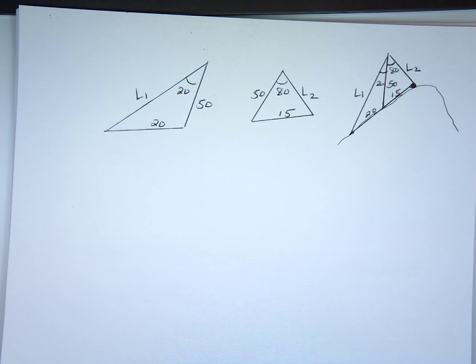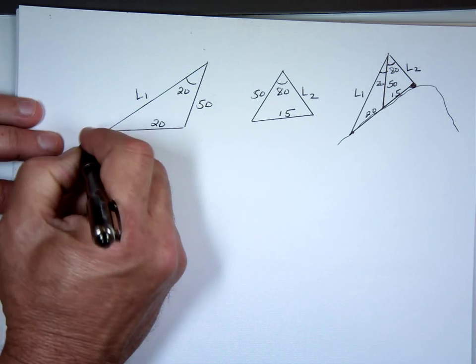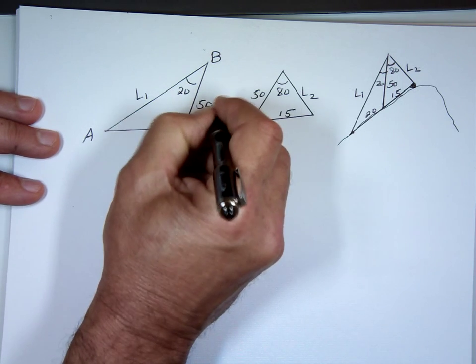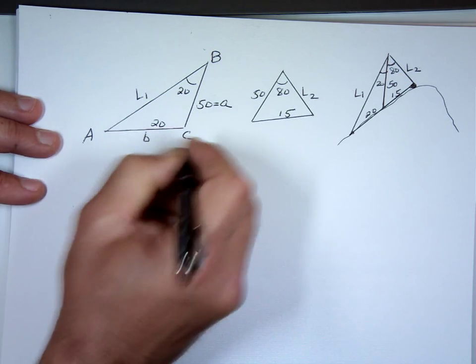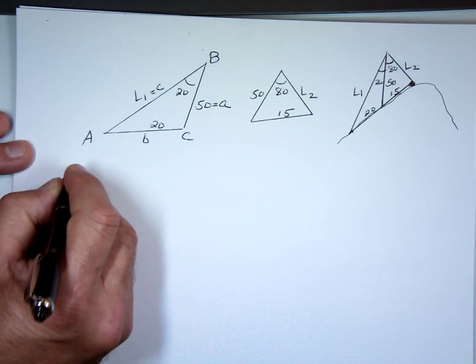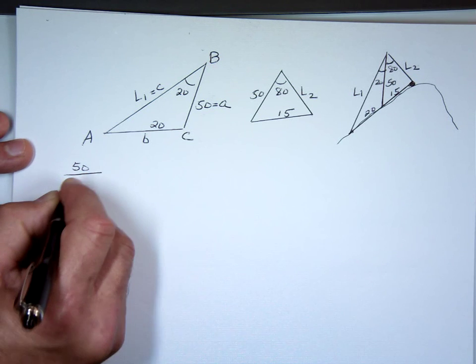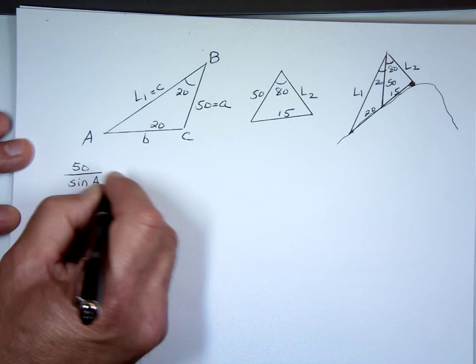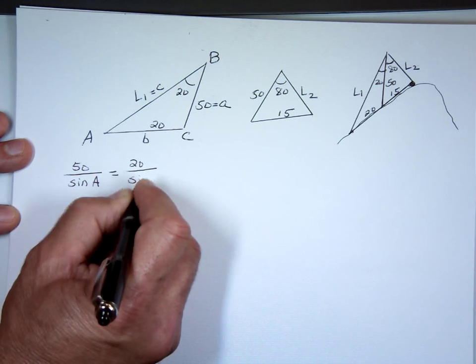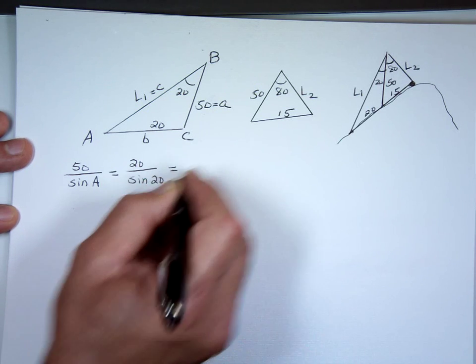Now let me solve the one on the left. Maybe I can find L1. So this is A, B, C. This is side A, this is side B, and this is side C. So again, A, which is 50, over sine of A, which is unknown, should equal B, which is 20, over sine of B, which is sine of 20, which should equal C over sine.